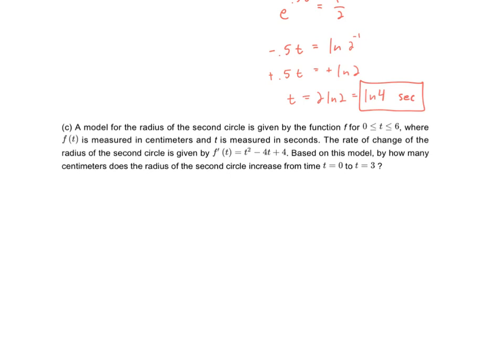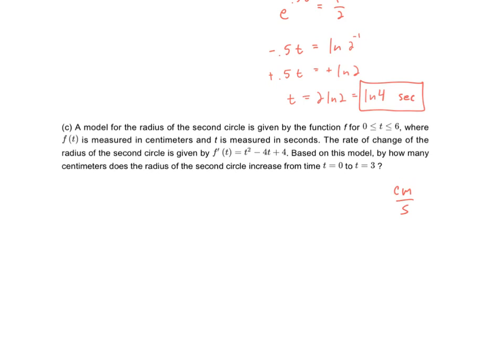Okay, if we're given a rate function, and here this rate is about the radius, it's how much the radius changes per second. When you integrate a rate, this is measured in centimeters per second, and this is centimeters of the radius, how many centimeters long the radius is.